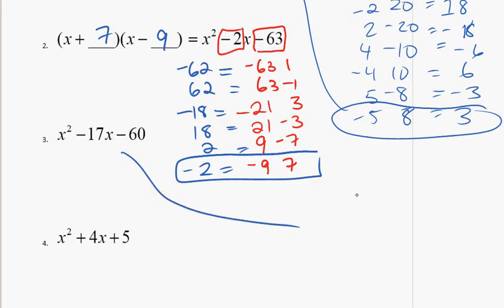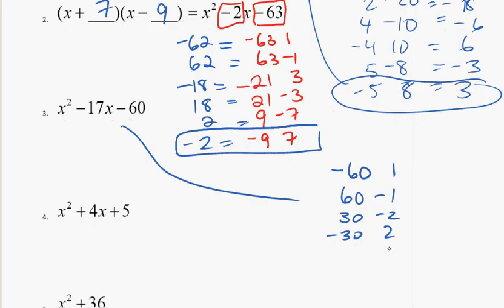Two numbers that multiply to negative 60. Negative 60 and 1, 60 and negative 1. 30, negative 2, negative 30 and 2. 3 and negative 20. 20, negative 3.